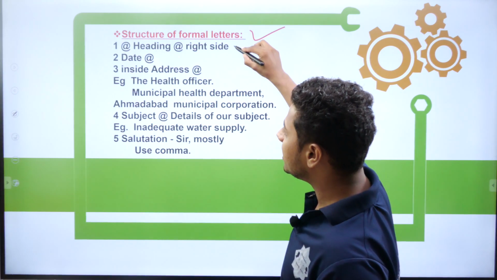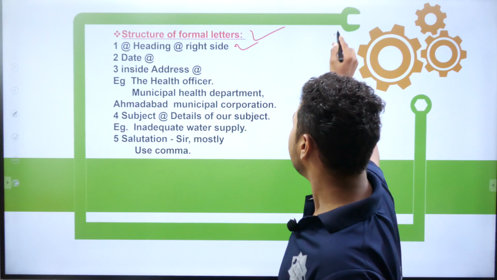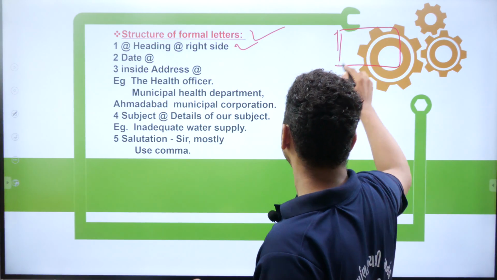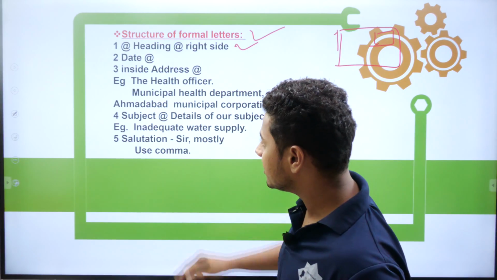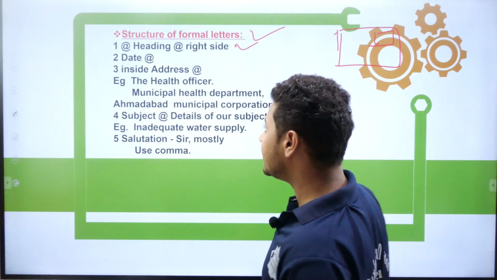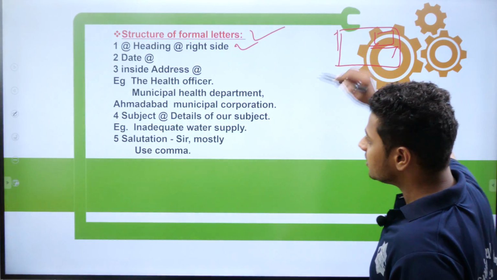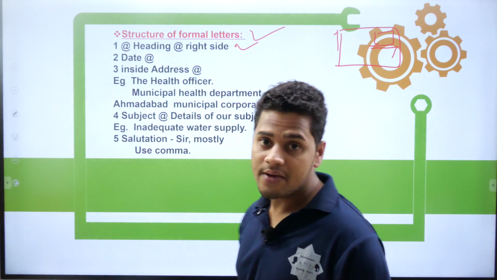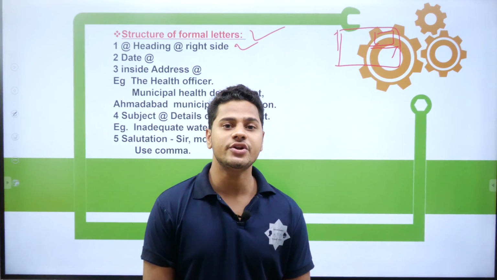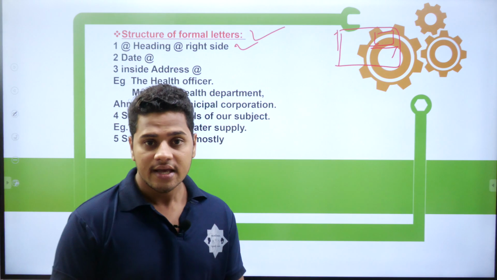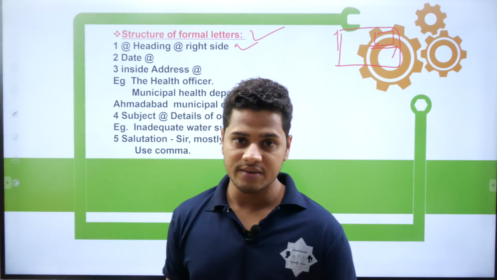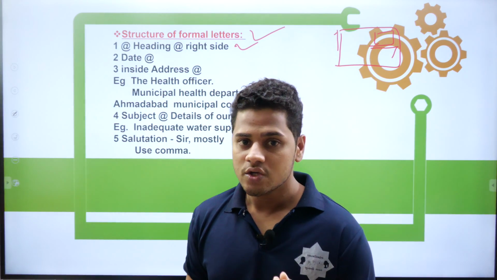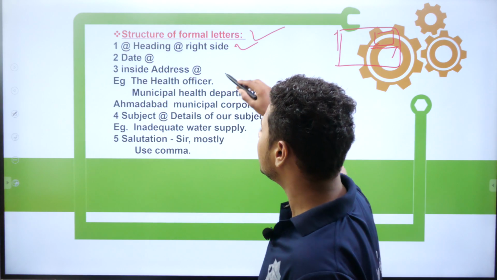See, the heading we have to write on the right side of the page. Later we mention the date below the heading. Then comes the inside address. If we are writing to someone, we have to write the inside address, addressing a particular department.